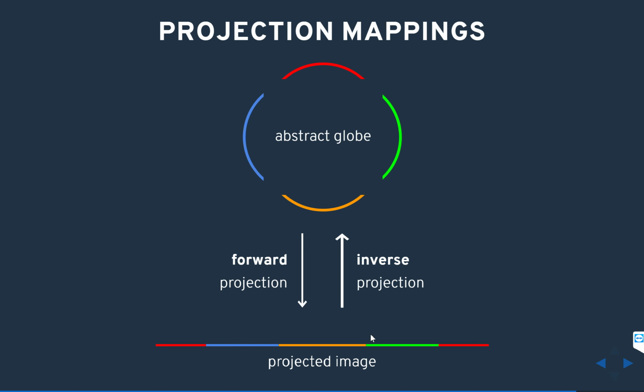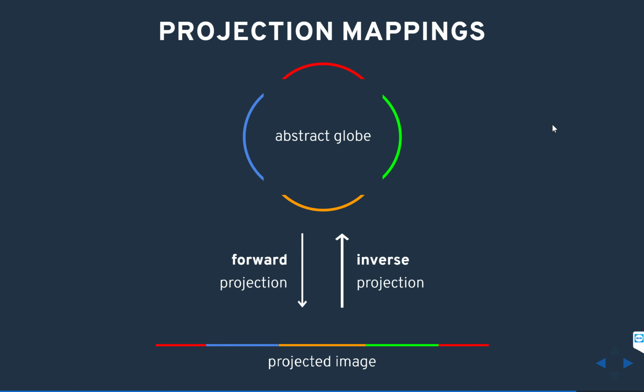So I mean, what do you need the inverse projection for? Don't you have the globe and you want to know which pixel on the screen to render it on? That's a good question. So if you have a pixel on the globe and you want to map it to a pixel on the screen, you would have a lot of pixels that maybe overlap, and you may have gaps between those pixels on the globe.